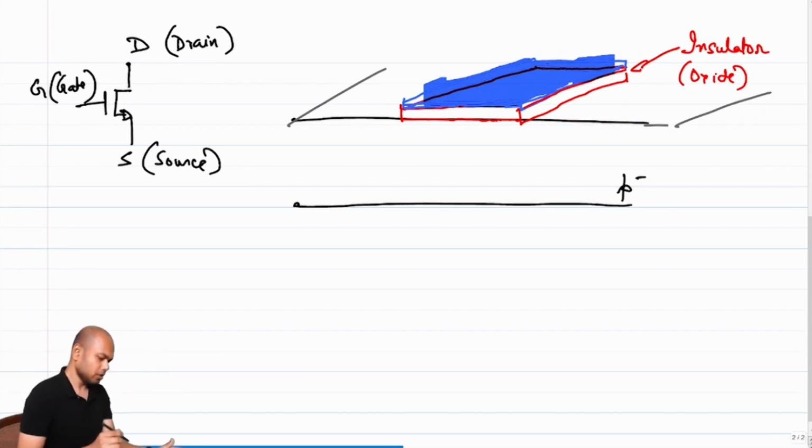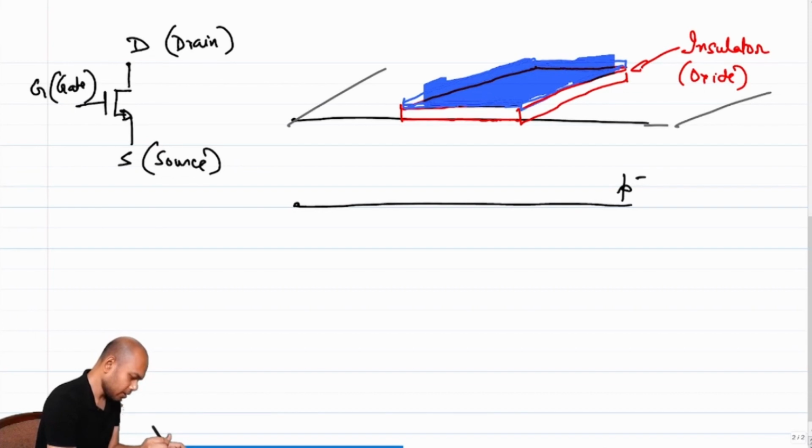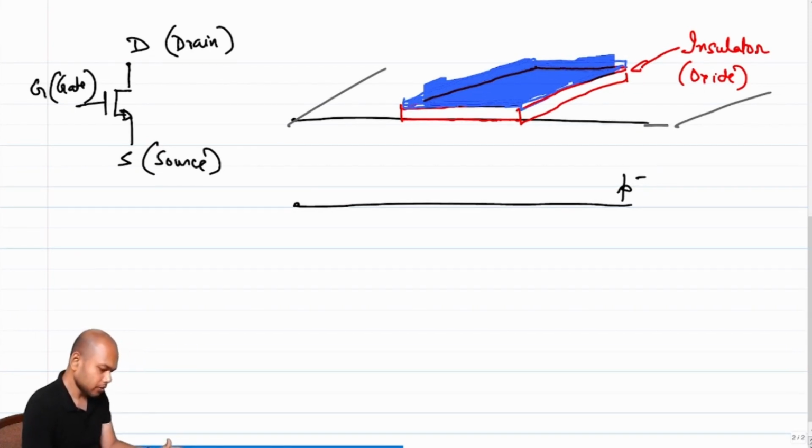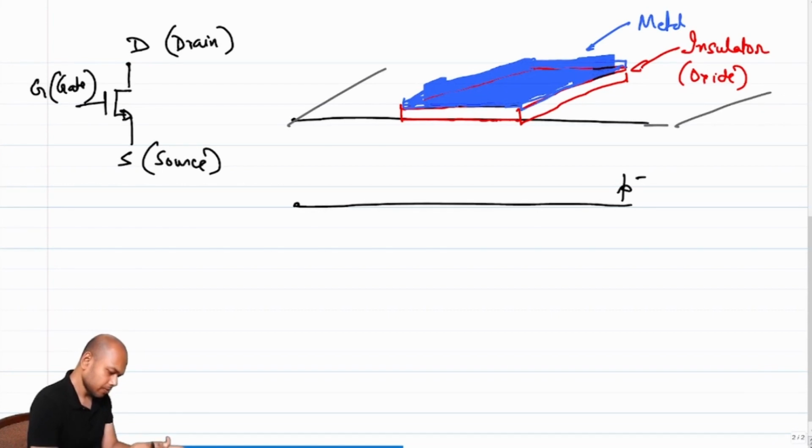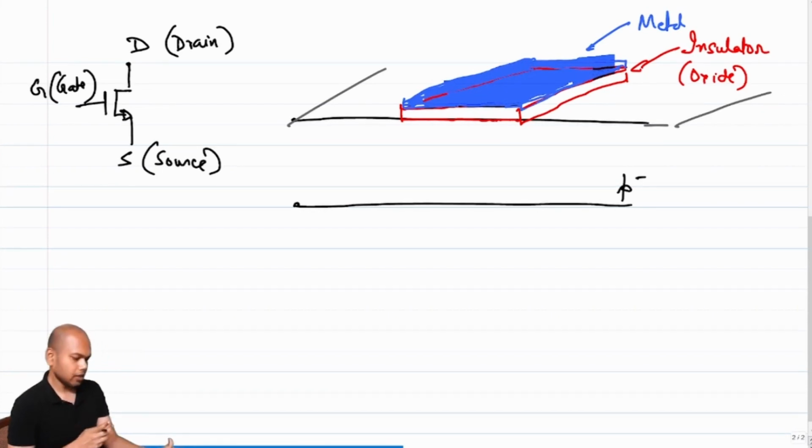Right. So pardon my sketch. So this becomes, this is a metal. Okay.